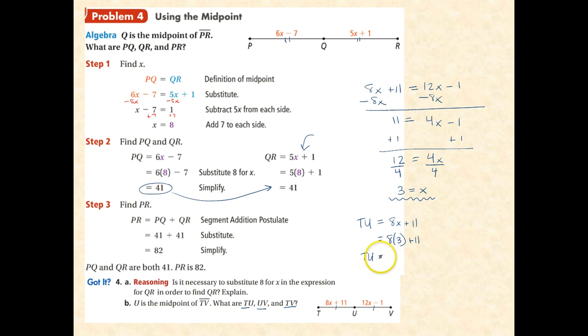So TU is 24 plus 11. TU is 35. That means that UV is also 35, and that TV is 35 plus 35, 70. There's the answer.